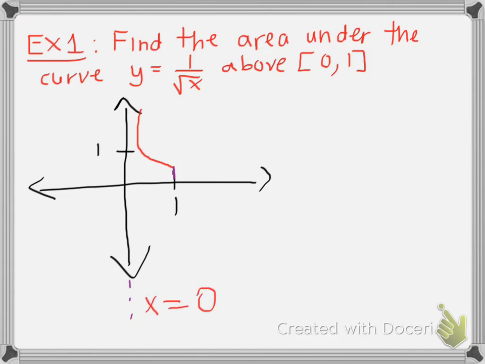Okay. And so remember that. So that's where our function is undefined. So just note that 1 over root x has a vertical asymptote at 0.